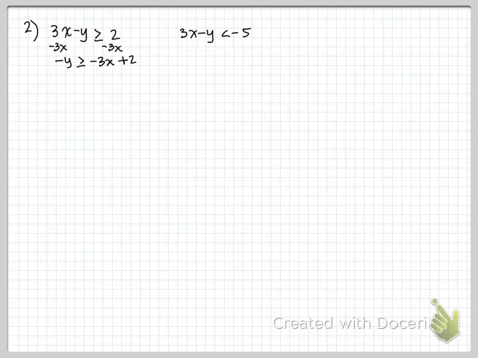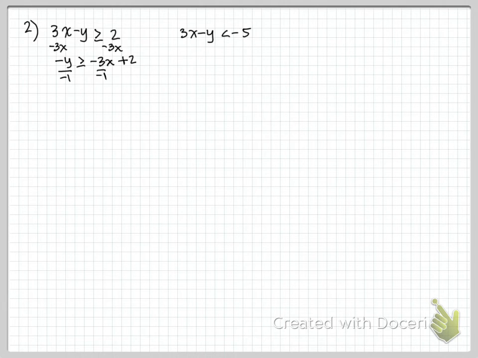Keep my graph paper. So this one, oh, not so nice. Same directions. We have 3x minus y is greater than or equal to 2. 3x minus y is less than negative 5. So we're going to go ahead and subtract 3x from both sides. That's going to give me negative y is greater than or equal to negative 3x plus 2.